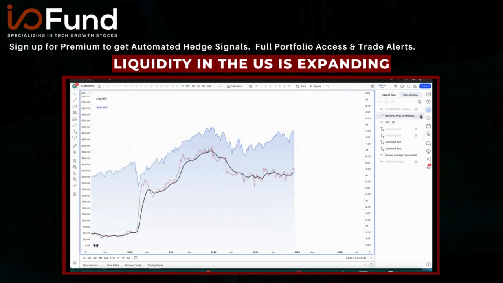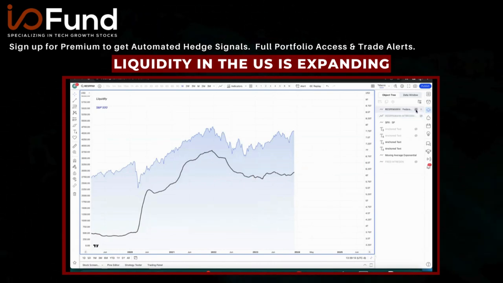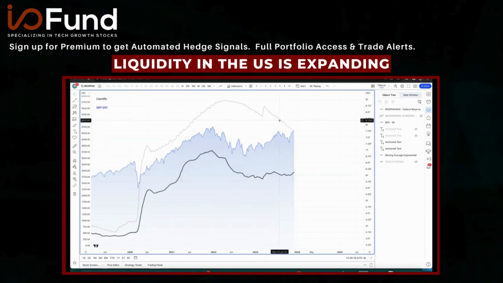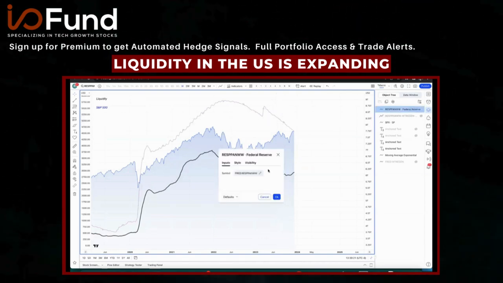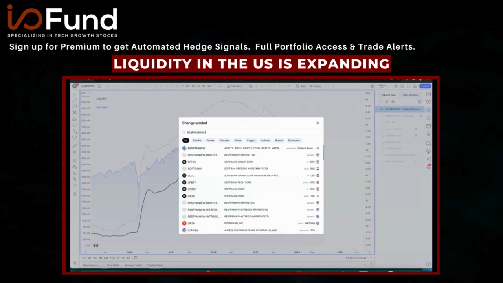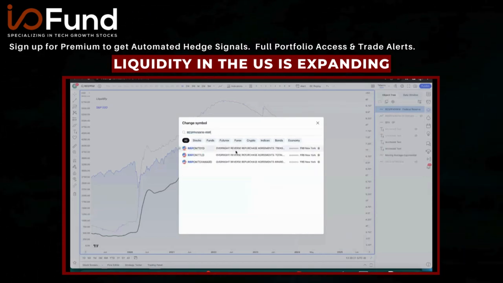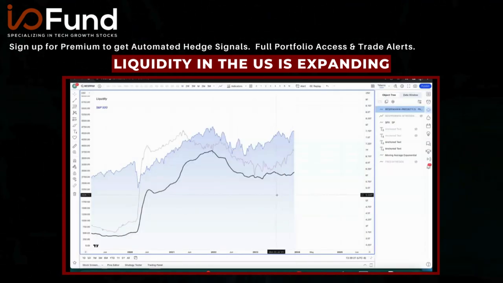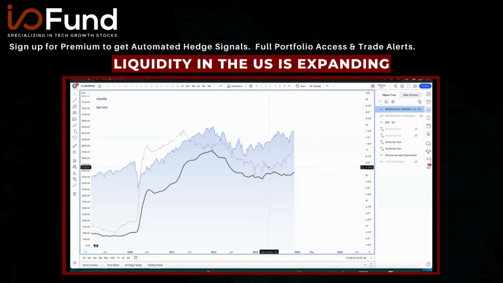Okay. And so I want to talk for a second about this. So here's the Fed's balance sheet continuing their QT operations, quantitative tightening. However, if we were to take the Fed's balance sheet and subtract the reverse repo operations from that, something interesting happens. Take a look at that.